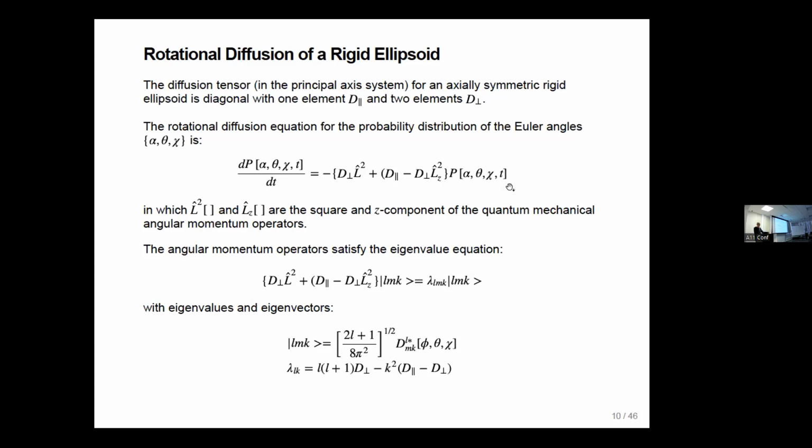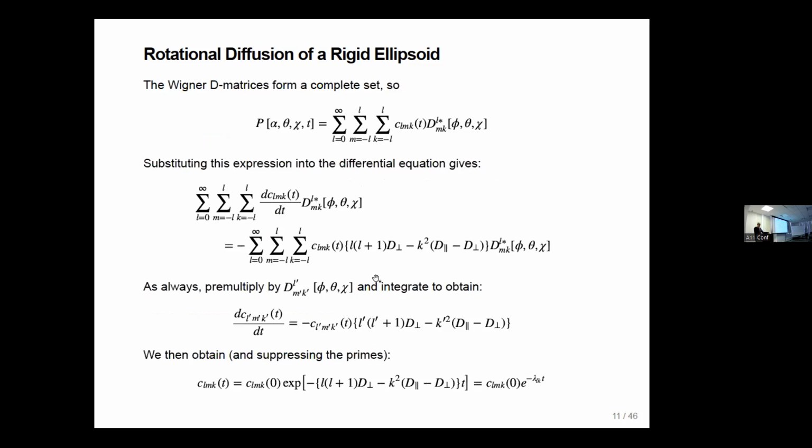There's a diffusion equation for that we can then solve for the probability distribution for orientation of the ellipsoid in space. There's a standard way of doing this that I don't really want to spend time going through. You can go through it if you want.